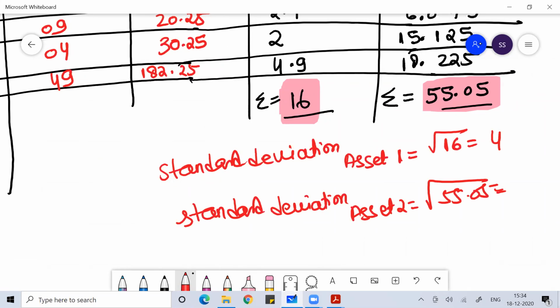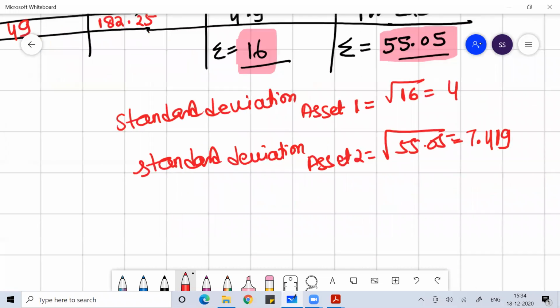So you'll get 7 point something. Square root of 55.05 is 7.419. So you got the standard deviation of asset 1 and asset 2.